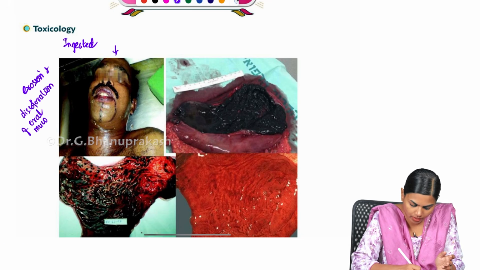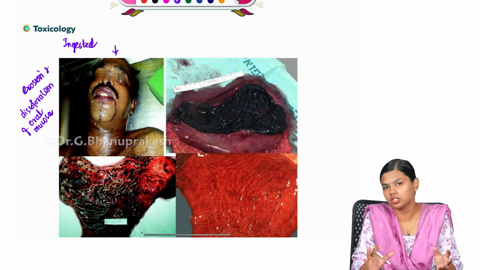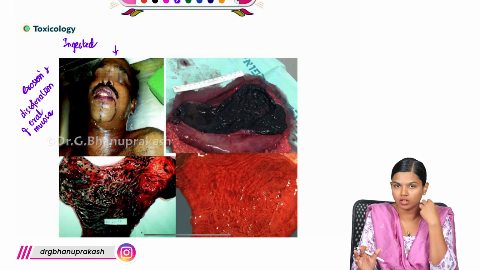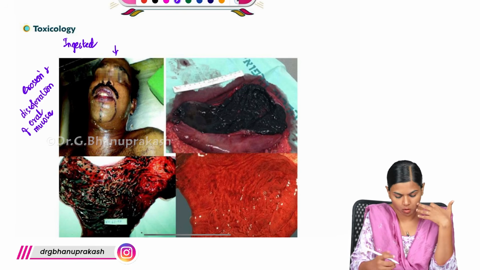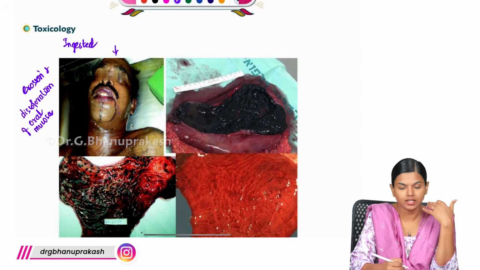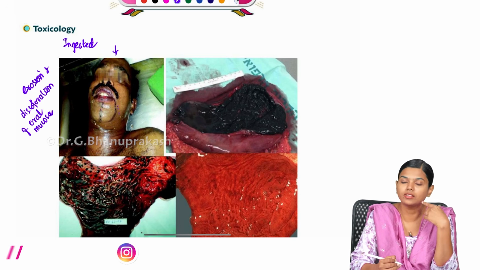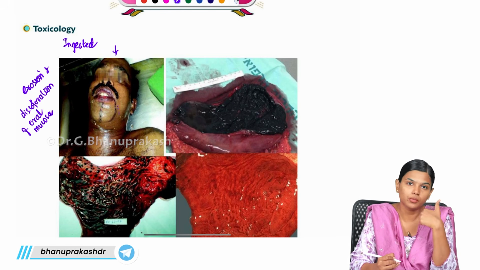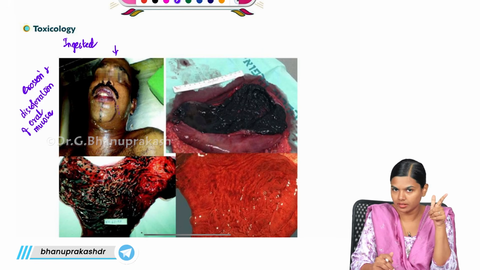This is the first, very striking thing. Externally you will be able to see it. Whenever it is ingested, there will be some trickling down, right? So along the angle of the mouth you will see this discoloration, and along that area there will be some erosion also. And if you open the mouth, inside the oral cavity all the mucosa will be eroded and discolored. So this is the first thing that you will see.